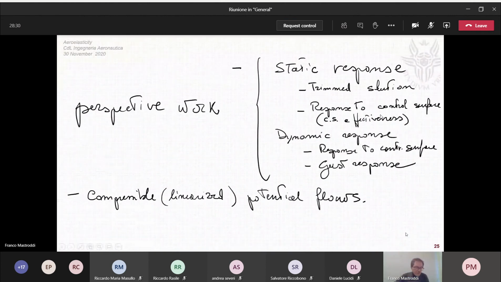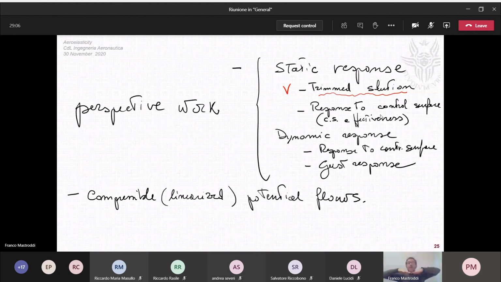Today I want to face with you the first item on static response, and this is the model for trimmed solution. This probably is the clearest and most direct problem in elasticity. The scope of this item is to find a solution in steady condition for a trimmed aircraft.